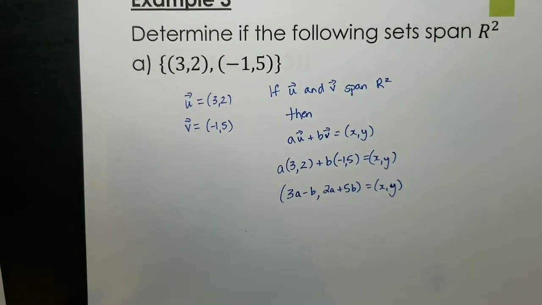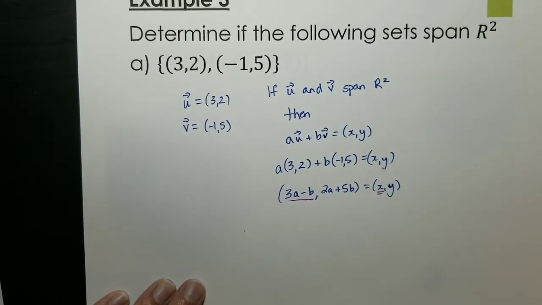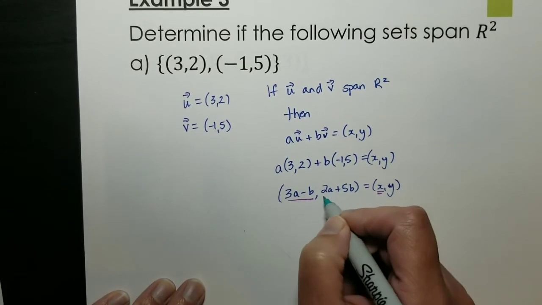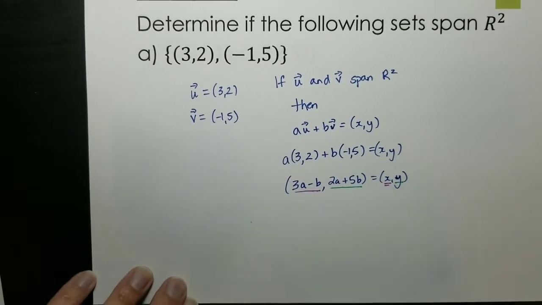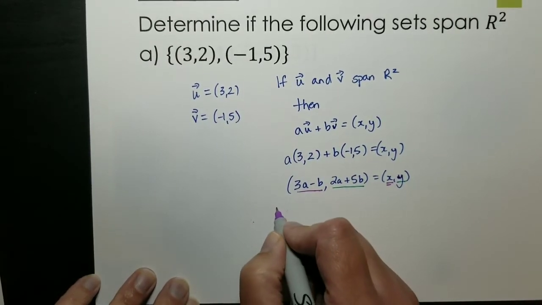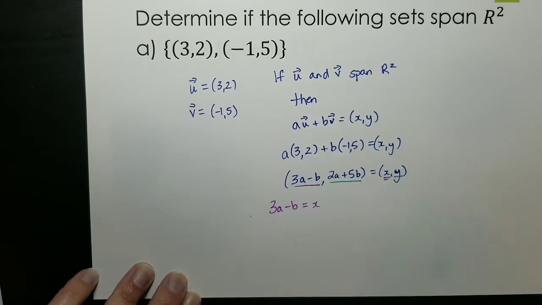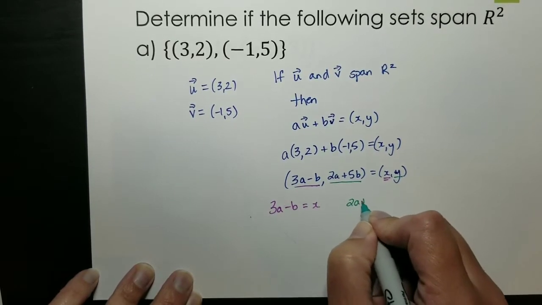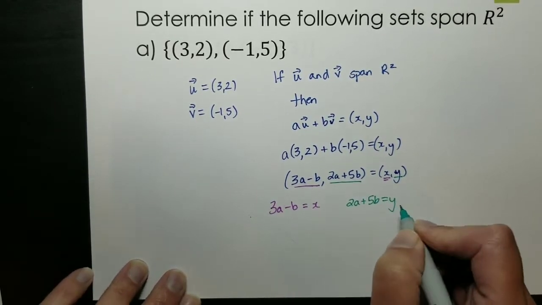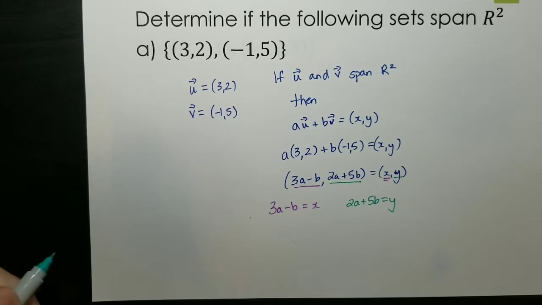So again, I'm going to pull apart and make two different equations, one with the x's and one with the y's. My equation for the x components is 3a minus b equals x, and my equation for the y's is 2a plus 5b equals y.